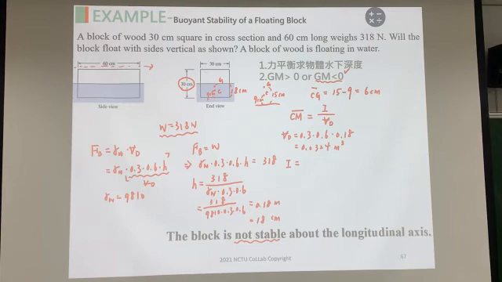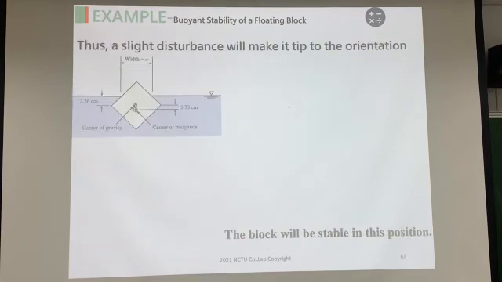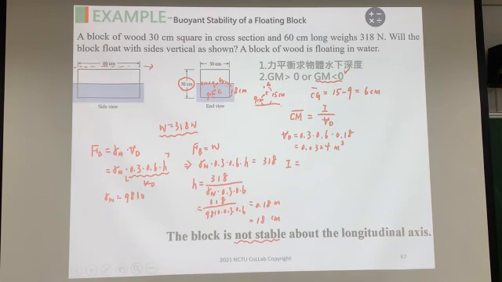And second, what is our second moment? As I mentioned, this is a block, so the cross-sectional area along the water line is a rectangle shape. The axis we consider right now is the longitudinal axis, and its length is 60 centimeters.